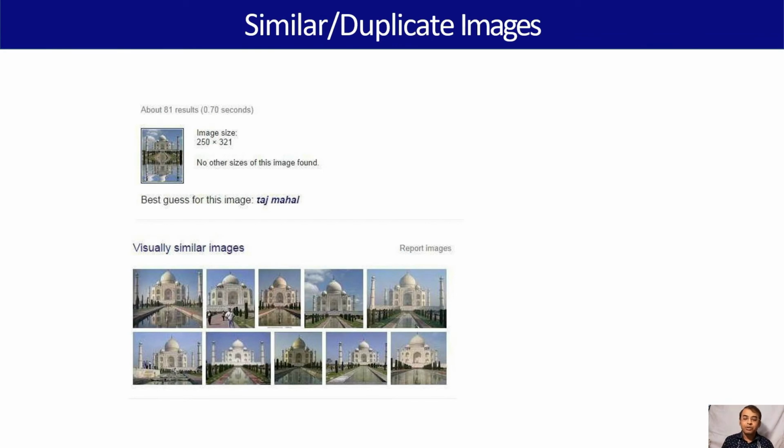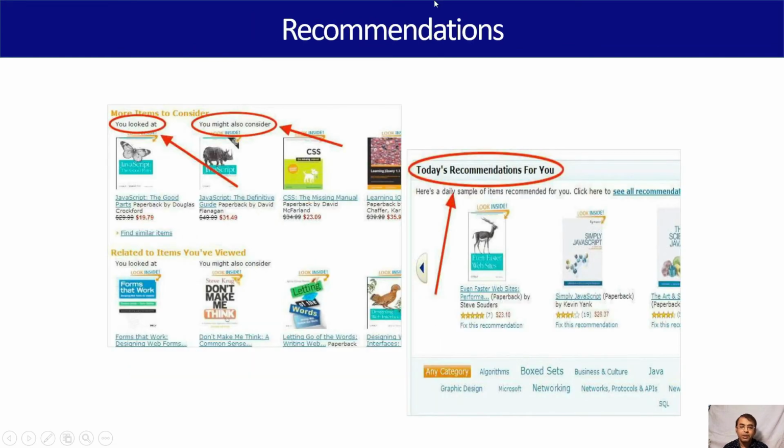Now, to detect similar or dissimilar images, guys, you can see this is a picture of the Taj Mahal, and there are a lot of similar pictures. Machine learning can detect which one is a similar picture, or the original one, or which is not the original one. The recommendation I already told you about. Just see this one, the picture from my presentation.